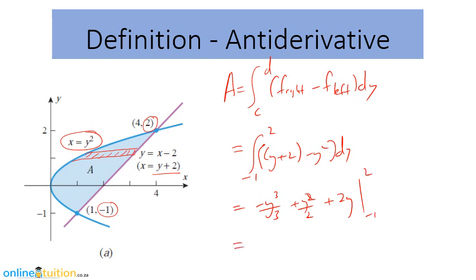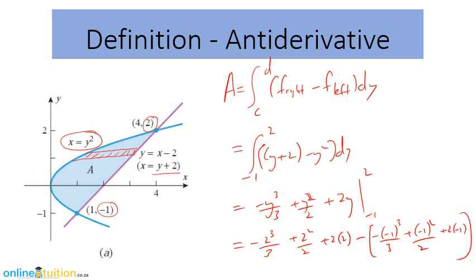Simply evaluate. You're going to get minus 2 cubed over 3 plus 2 squared over 2 plus 2 times 2. And then remember our famous minus sign, and let's be careful here now: minus 1. I don't know why there are so many minus signs in these things. Then you simplify that.